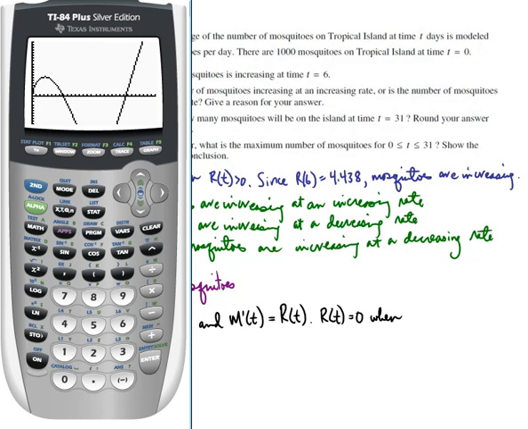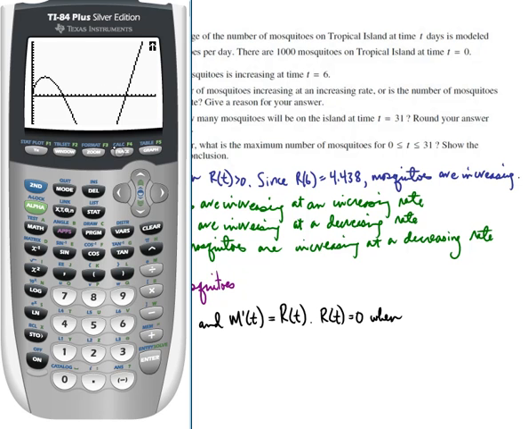Let's see what that graph looks like. Now we can see that this derivative is positive, so that means the number of mosquitoes is increasing up to this point, and then negative, so they're decreasing, and then increasing. So that makes this point here a relative maximum, and this point here a relative minimum.